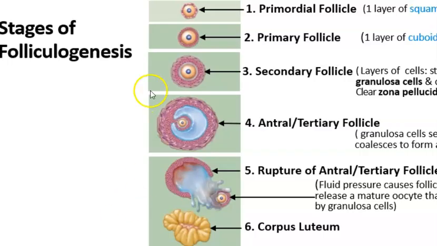So the stages of folliculogenesis include, first, a primordial follicle, and that follicle is surrounding a yellow oocyte with a blue nucleus. This primordial follicle has one layer of squamous cells. So you could say surrounded by simple squamous, and it is an epithelium.